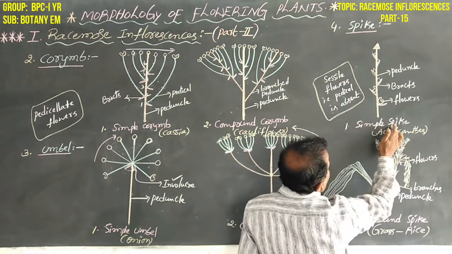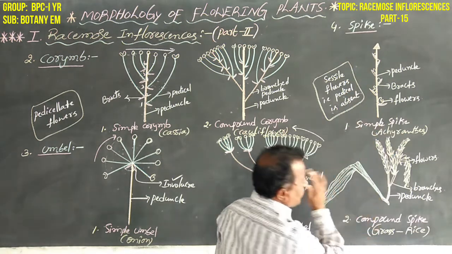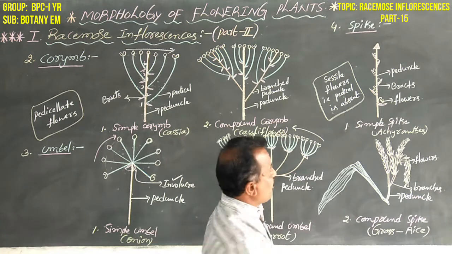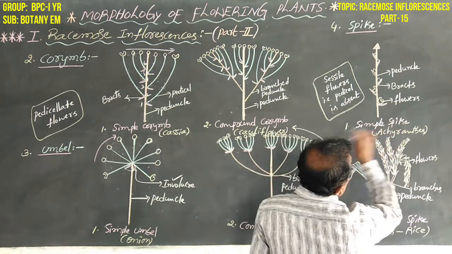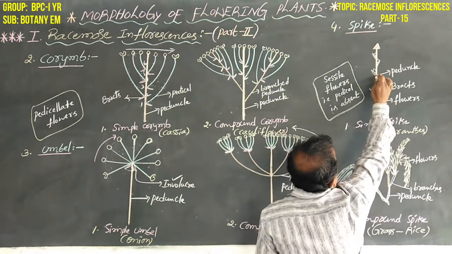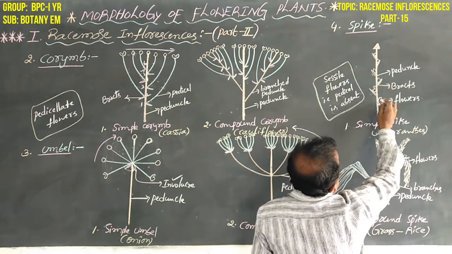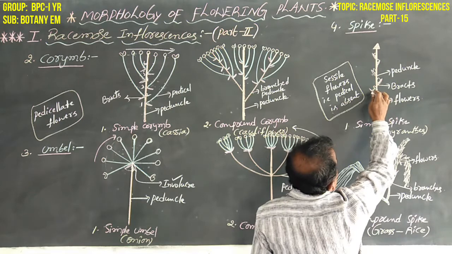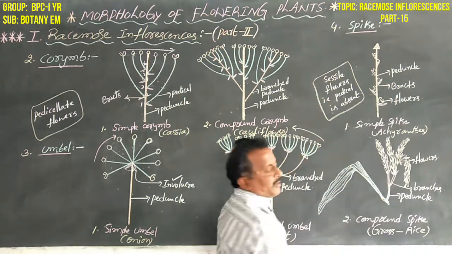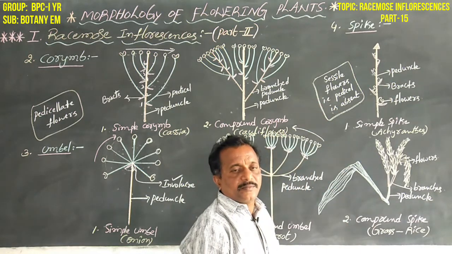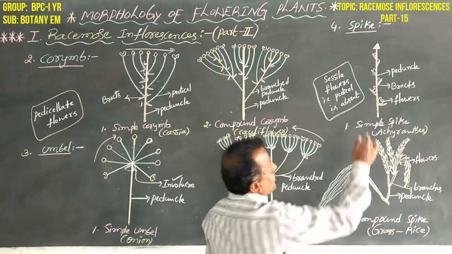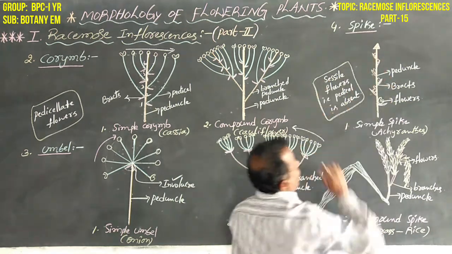Okay now? Spikes are again of two types: one is simple spike, the second is compound spike. Simple spike is seen in Acanthus. This is the peduncle and these are bracts. These are older flowers and these are younger flowers, arranged in acropetal manner.